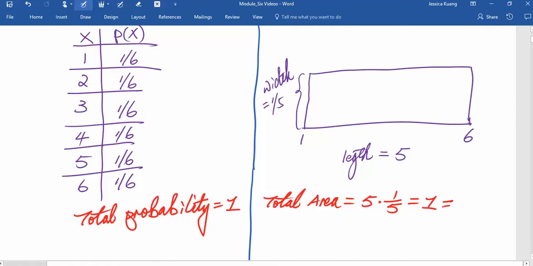And if we let this 1 equal to the total probability, then we have what we call the uniform probability distribution.